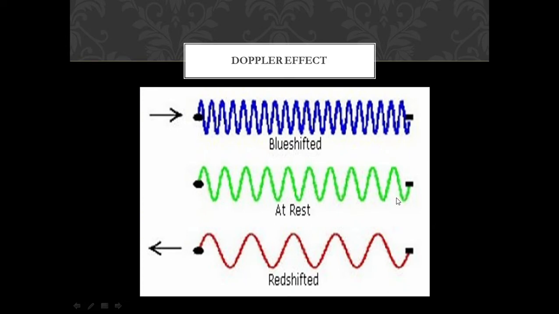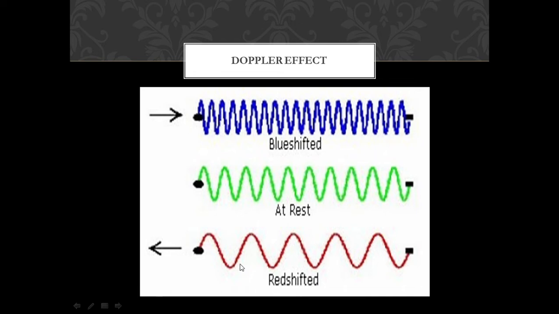Let's say that a light wave at rest is green in color. I'm saying green because it's between blue and red. So if it appears to be green light at rest, then it gets redshifted and becomes red if the source is moving away from the observer, or even if the observer is moving away from the source.